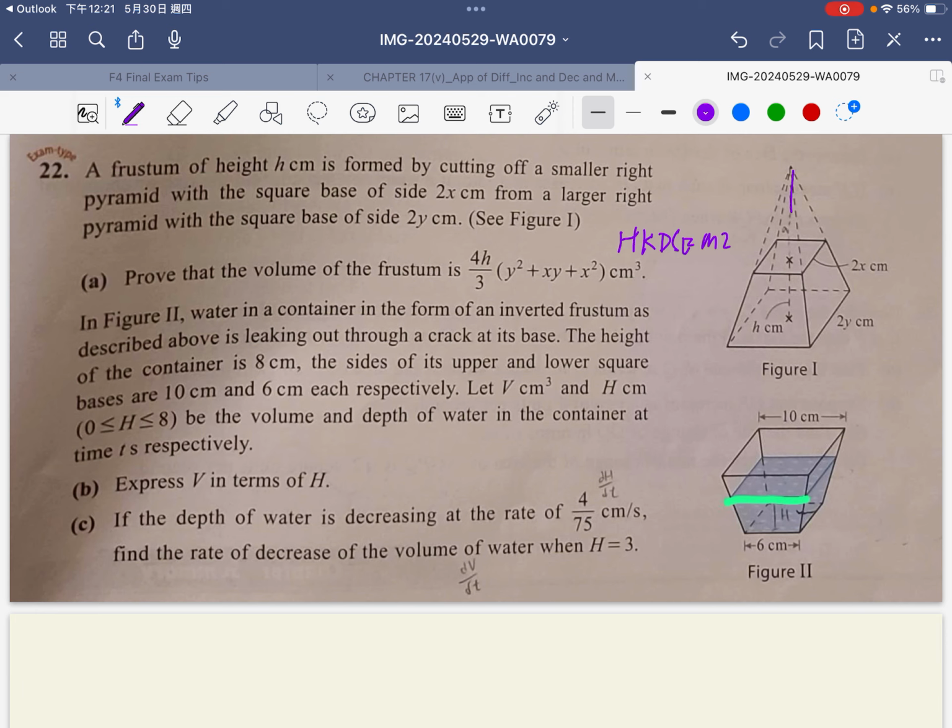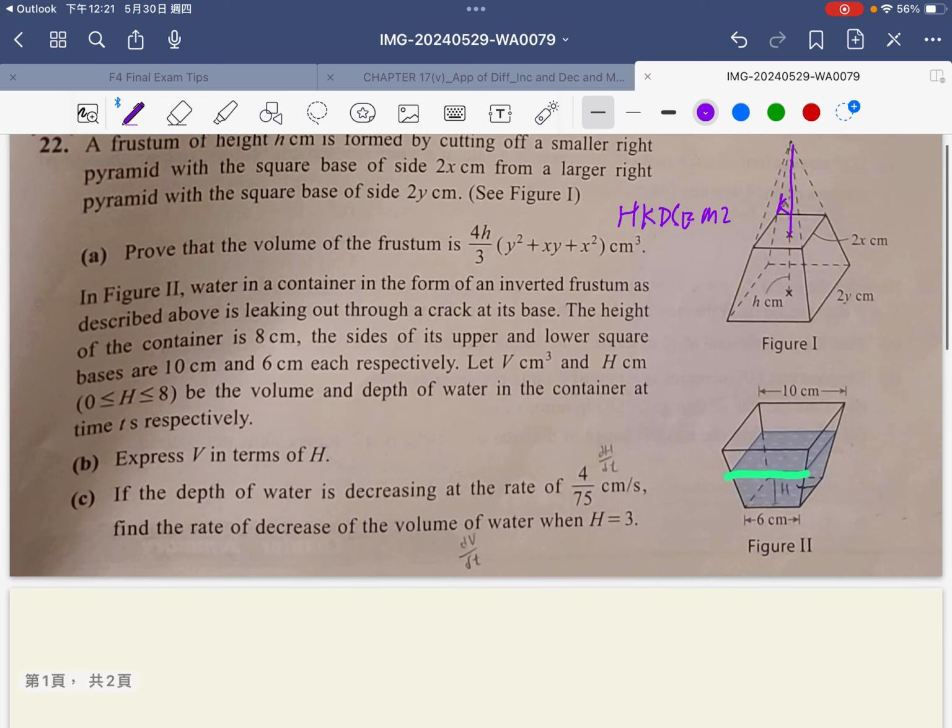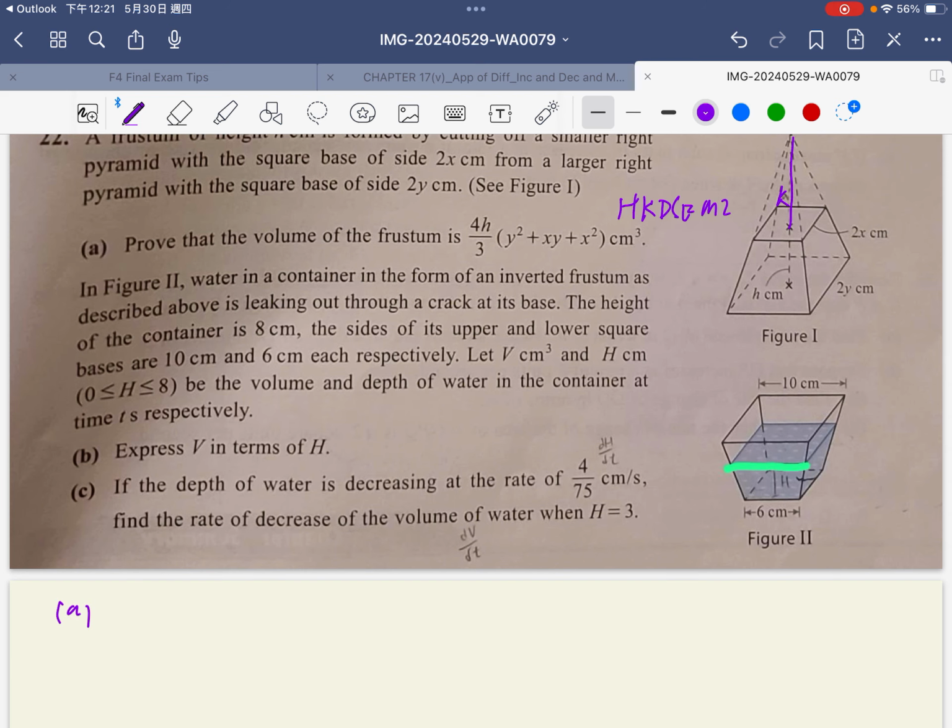Here we let the height of the upper part of the pyramid be k, and use similar triangles, the base of similar triangles. We have k over k plus h equal to 2x over 2y.